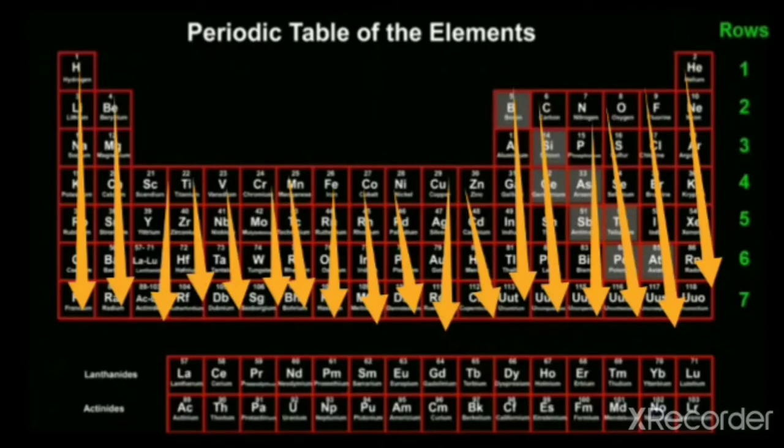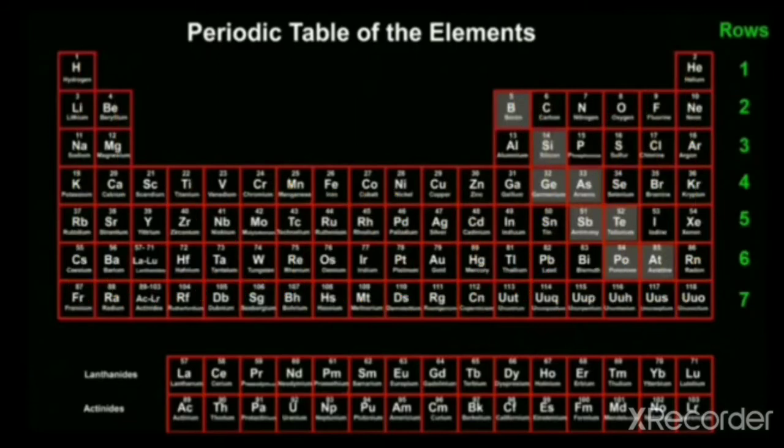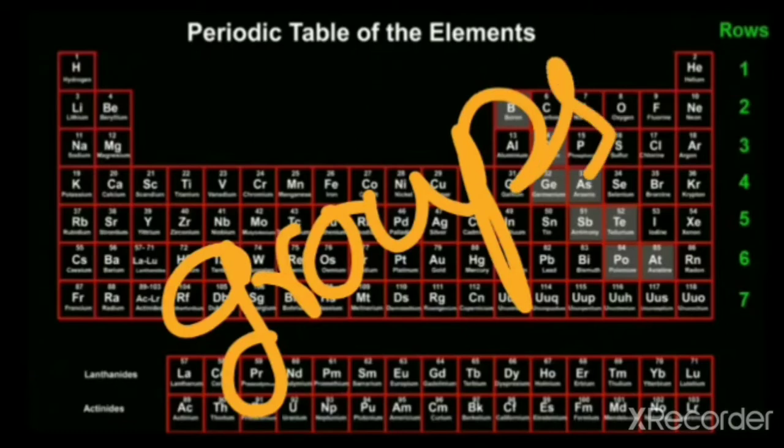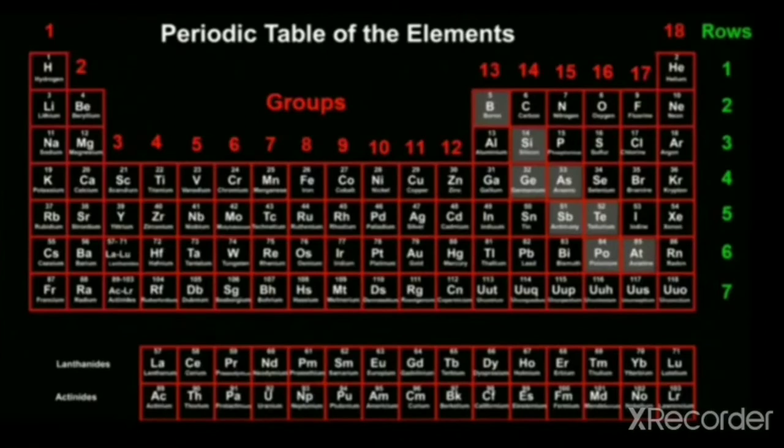We can find that a total of 18 vertical columns are there. These vertical columns are named groups. So whenever I talk about a group, you have to consider a vertical column here.